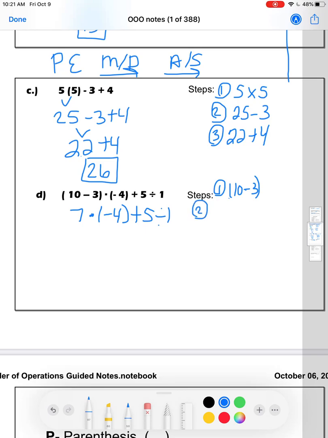Step number 2, no exponents, so we can move on to multiplication and division. Multiplication comes first. So we'll do 7 times negative 4, so that equals negative 28. Bring down what you didn't use.